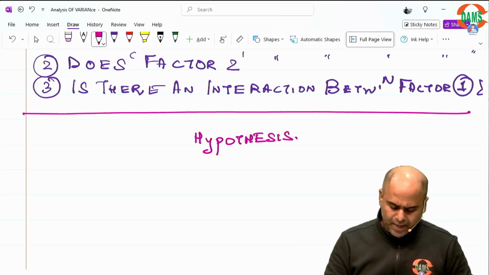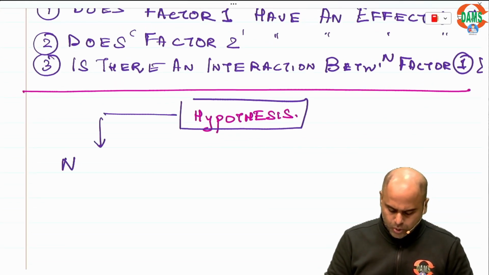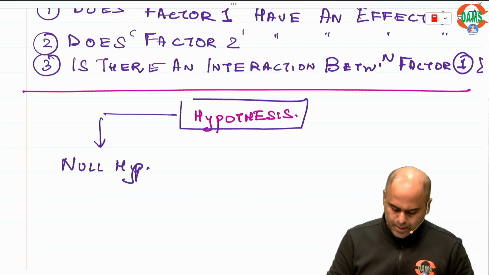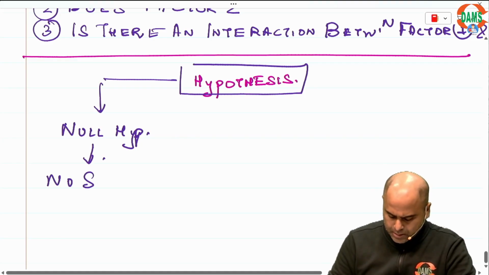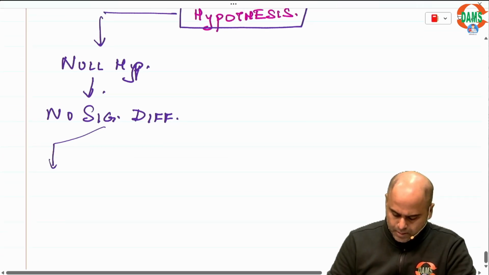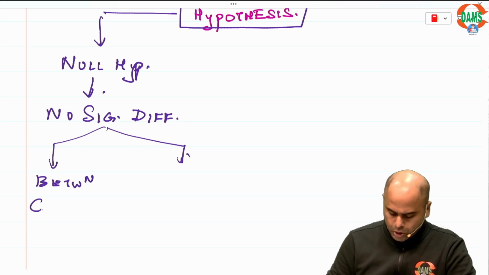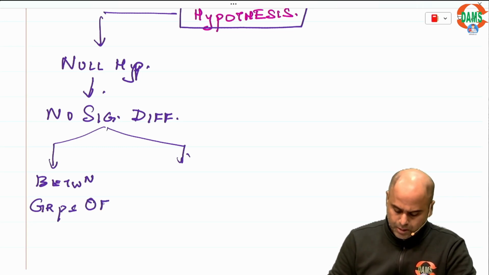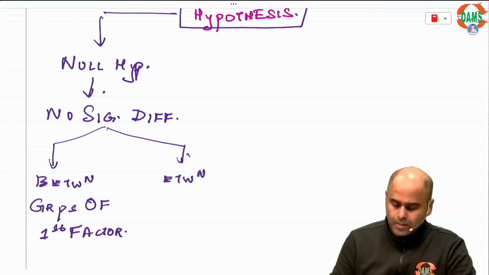In a two-way ANOVA, my null hypothesis is going to be that there is no significant difference between groups of the first factor and between groups of the second factor.